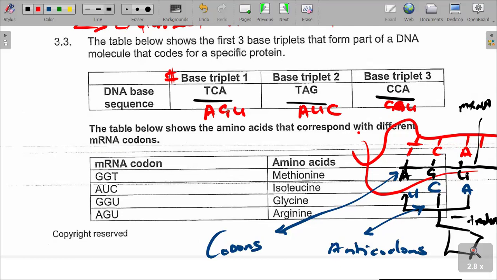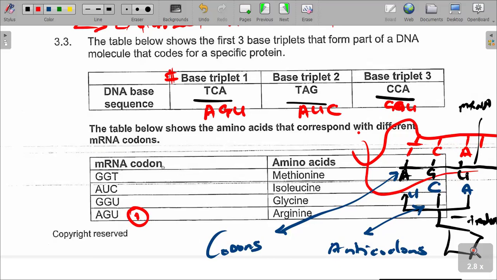We look for these codons and identify their amino acids here, class. So AGU is arginine. This is the first one.